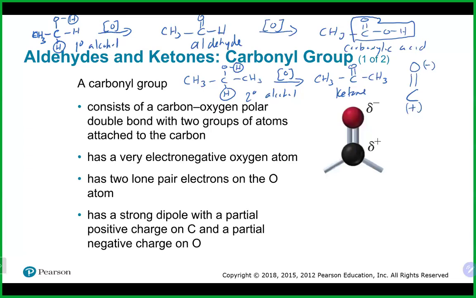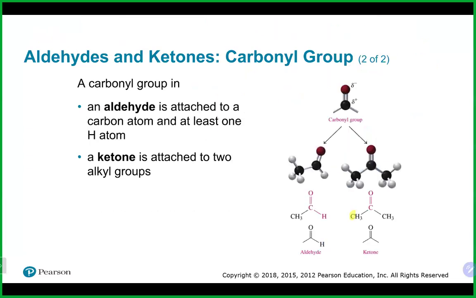Now, this group is important in terms of things like solubility, bonding, and boiling points, as we will talk about. When we talk about the aldehyde and the ketone, there is a difference in the locations of where you find the functional groups. So for example, our aldehyde here, its functional group must always be at the end.